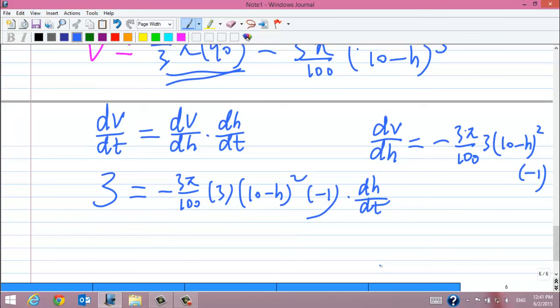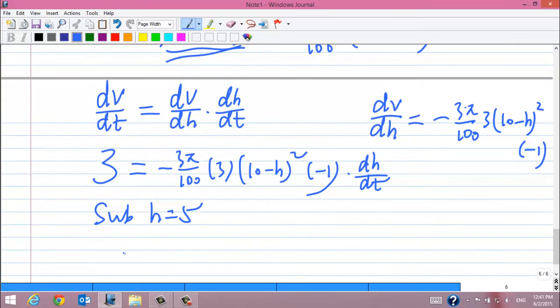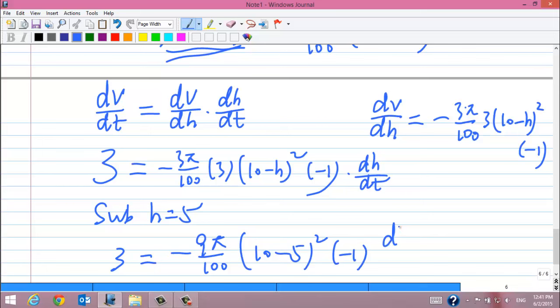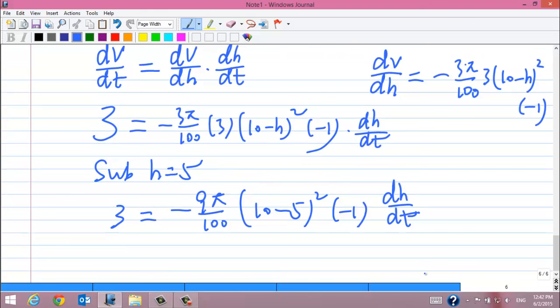Now they tell us h is 5, so sub h equals 5. So 3 equals minus 9 pi over 100 times (10 minus 5) squared times minus 1 times dh/dt. Now you can find dh/dt equal to 4 over 3 pi, if I'm not wrong, in cm per second. It's decreasing.